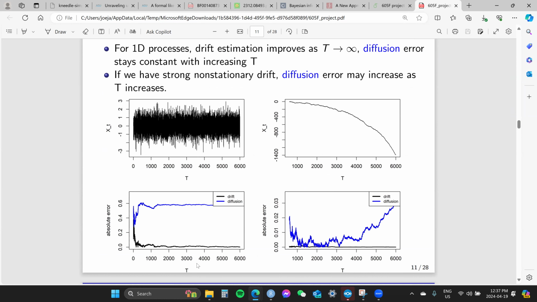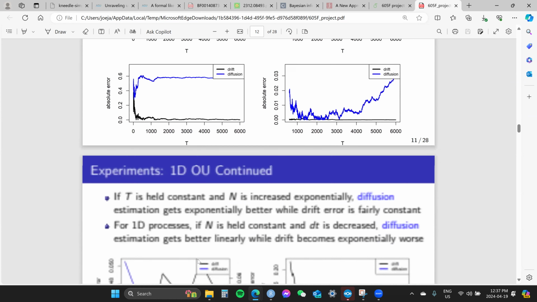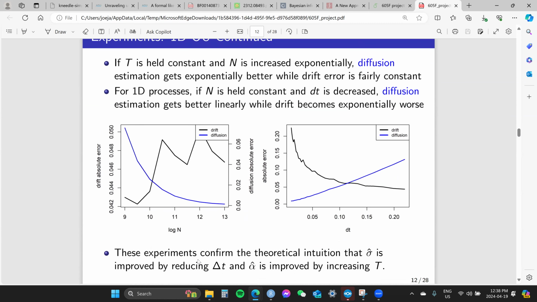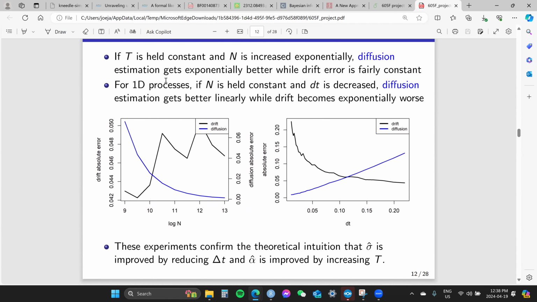Delta T is. Yeah. Okay, but we also expanded Pavliotis's experiments by holding T constant and increasing N. So that changes your time granularity as well.